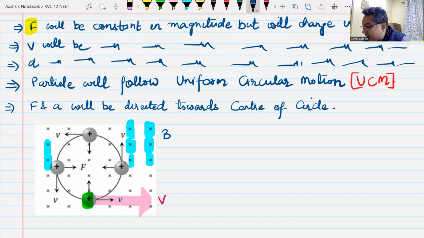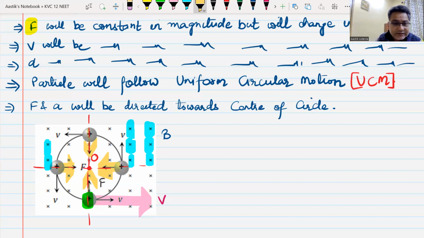Force pointing upwards means force is in this direction, and as you can see, it is pointing towards the center of the circle. This is the center of the circle, and you can check it, the force will always point toward the center of the circle. Do we understand this, everyone?